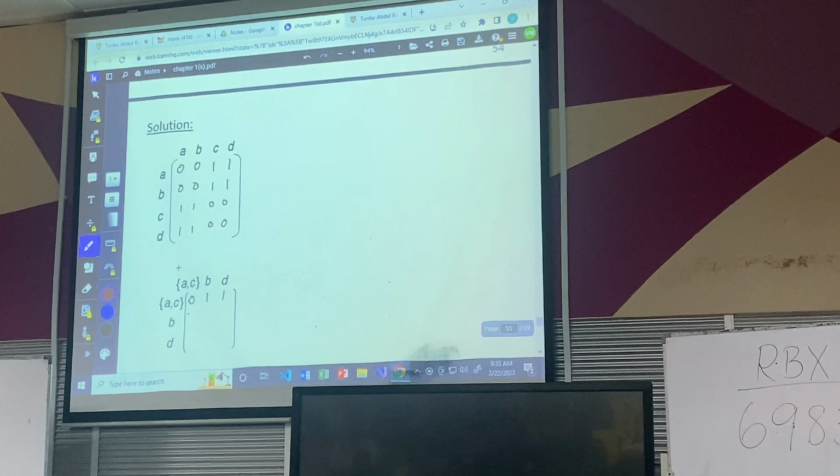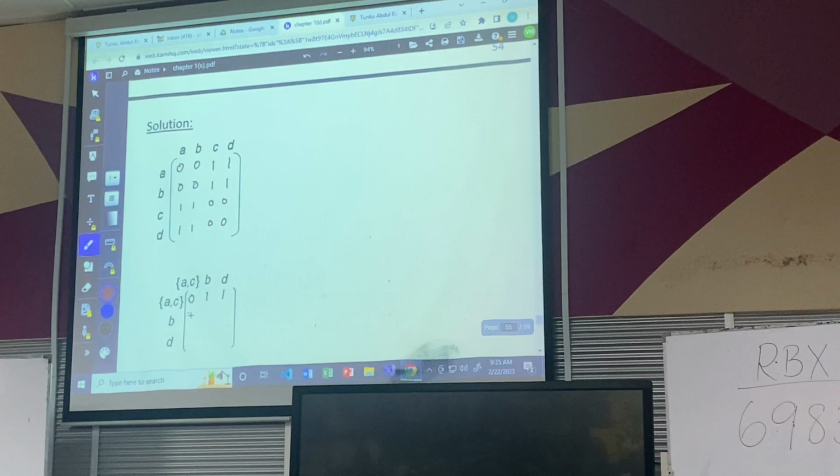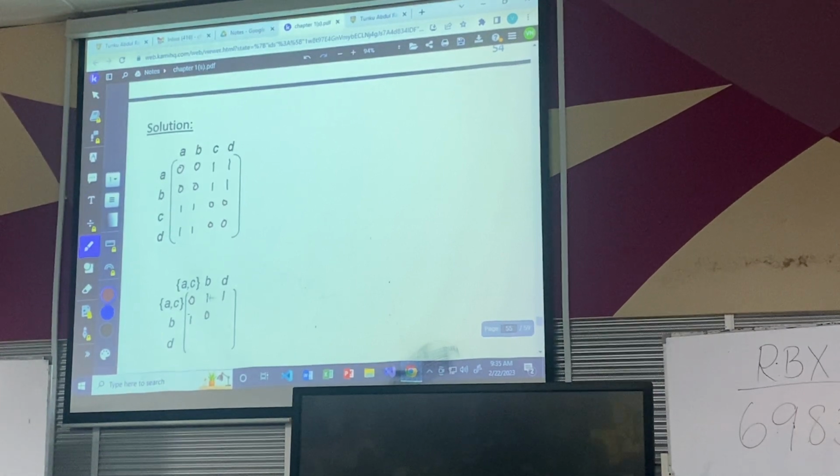For the second row, row B, you look at column A combined with column C, with 0 or 1 also. So 0 or 1, you will get 1. B to B is 0, B to D is 1.